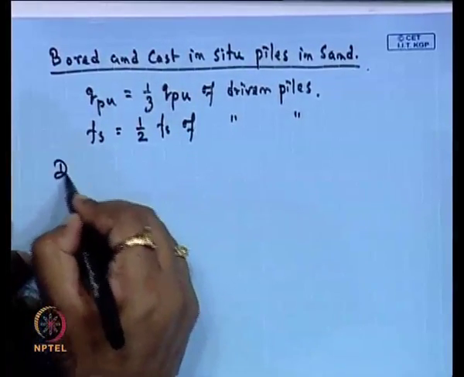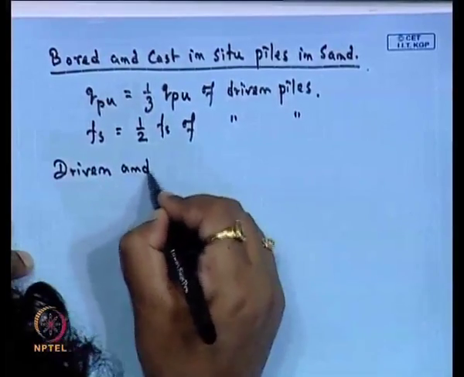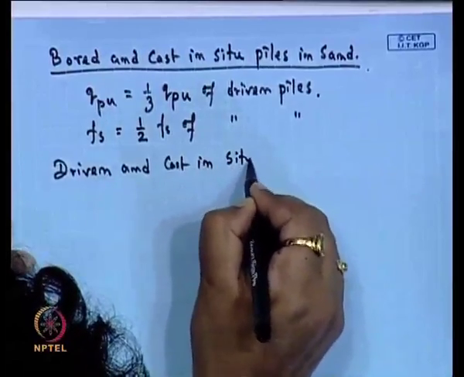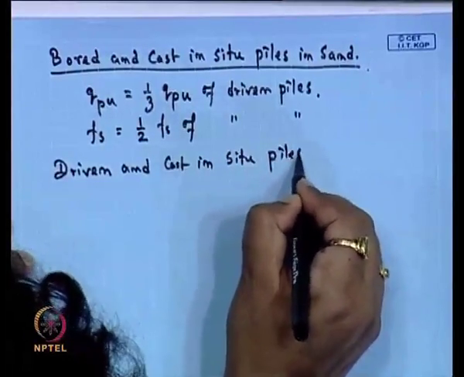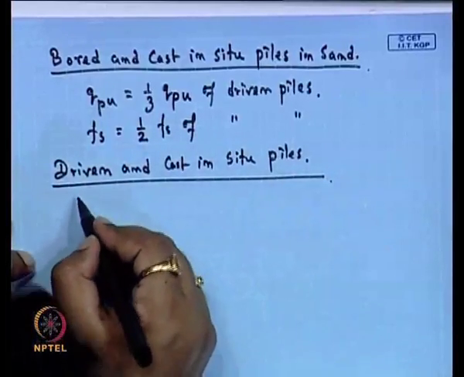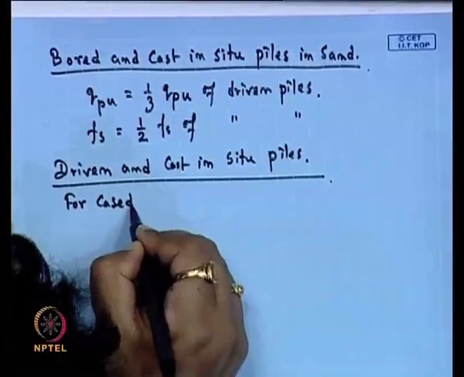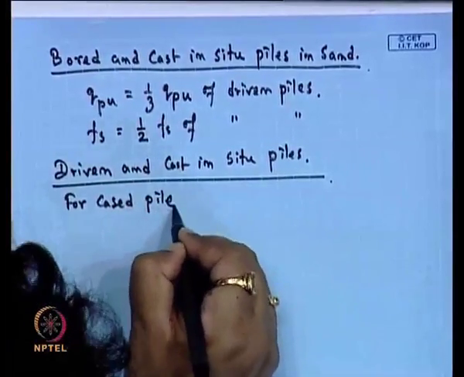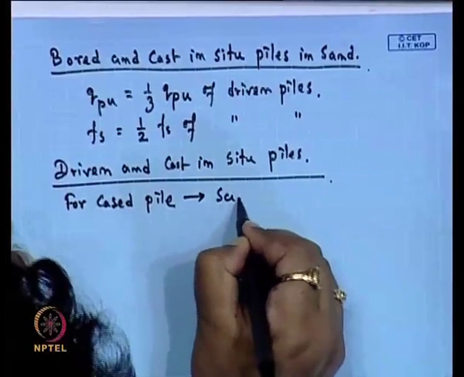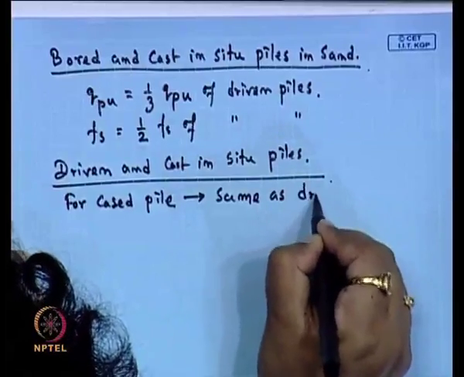Next one is the driven and cast in situ pile. Now, here for the cased pile, it is the same as the driven pile.